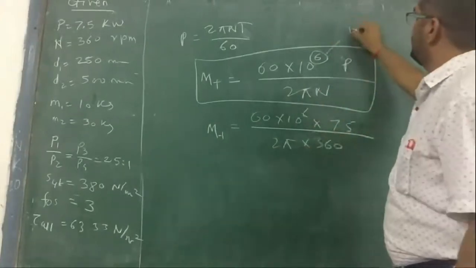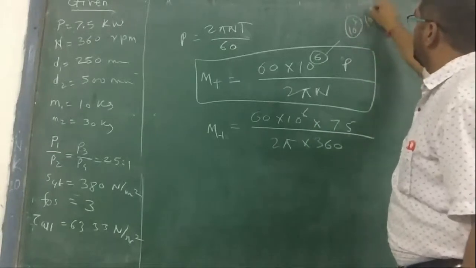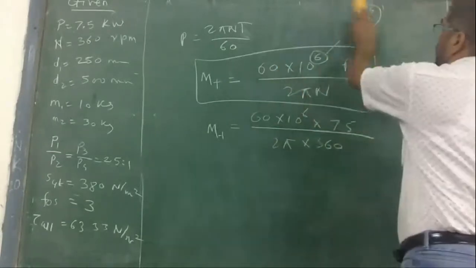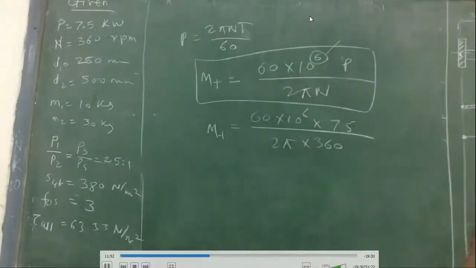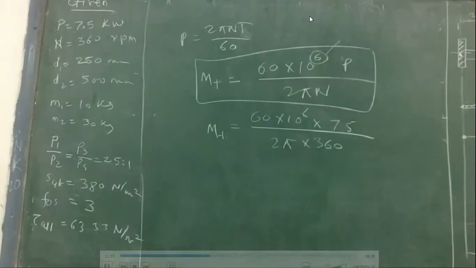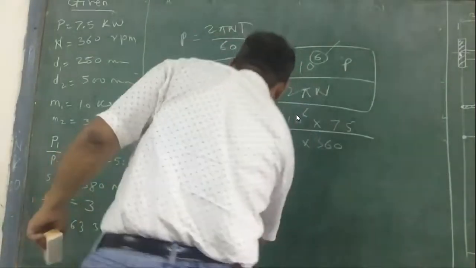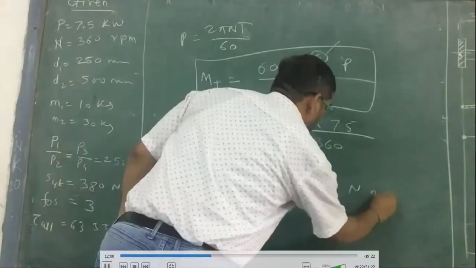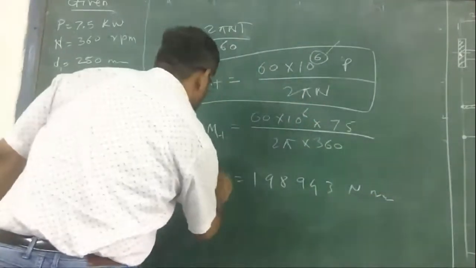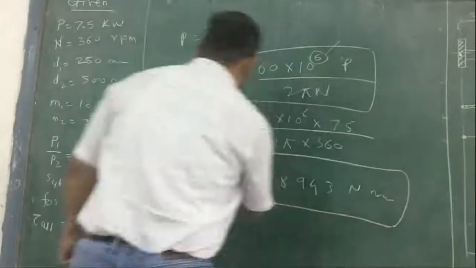So 10 raised to 3 for the kilowatt and 10 raised to 3 for Newton mm, so that conversion happens. The answer we get is 198,943 Newton mm. This is the twisting moment or torque.